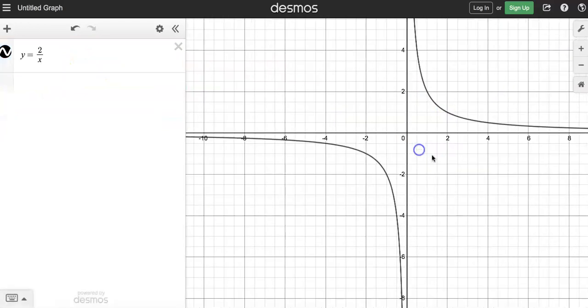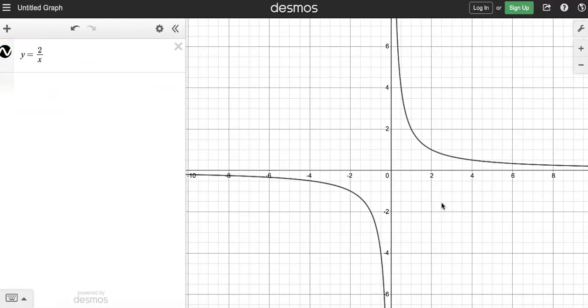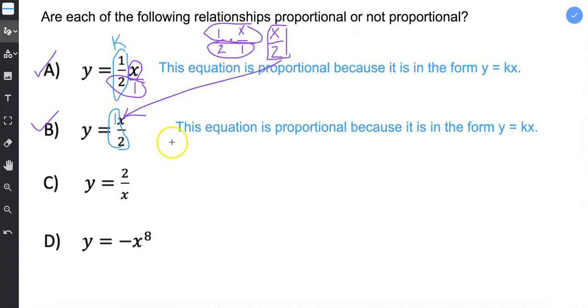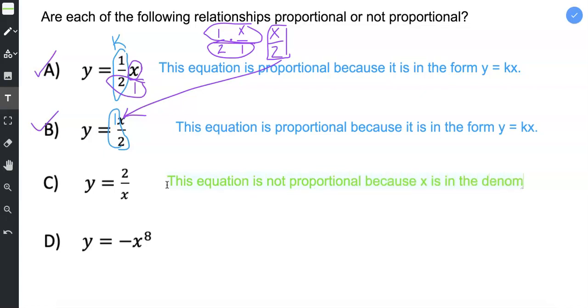If x is in the denominator, this kind of equation is called an inverse function. So this is not proportional. So let's go back, and I'm going to type, let's use a new color. This equation is not proportional because x is in the denominator.